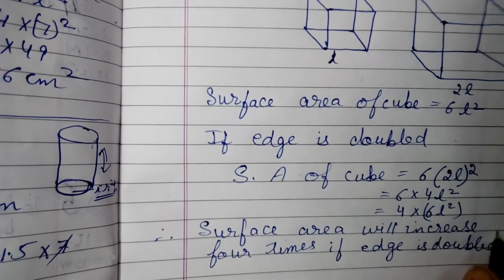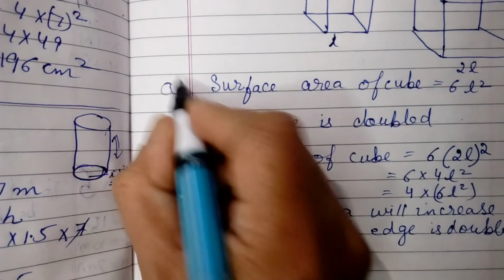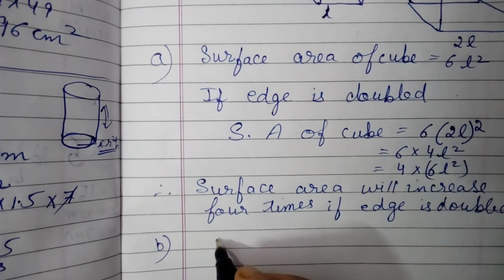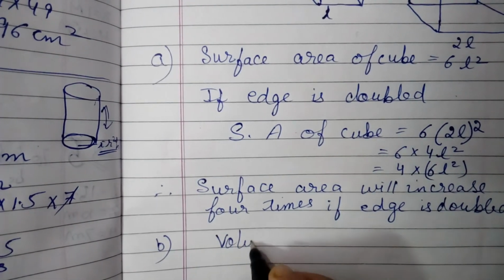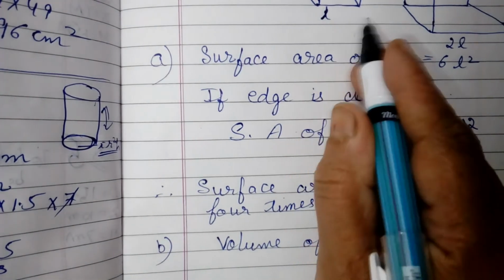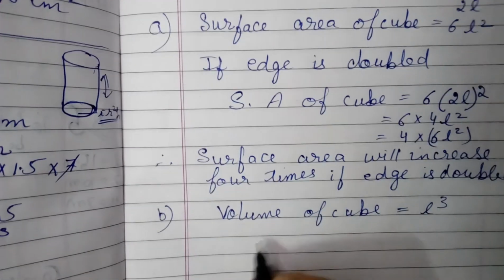Is it clear? This is the first part about surface area. Now we have to do volume. Now the volume of a cube, if the edge is L, we know it is L cube.